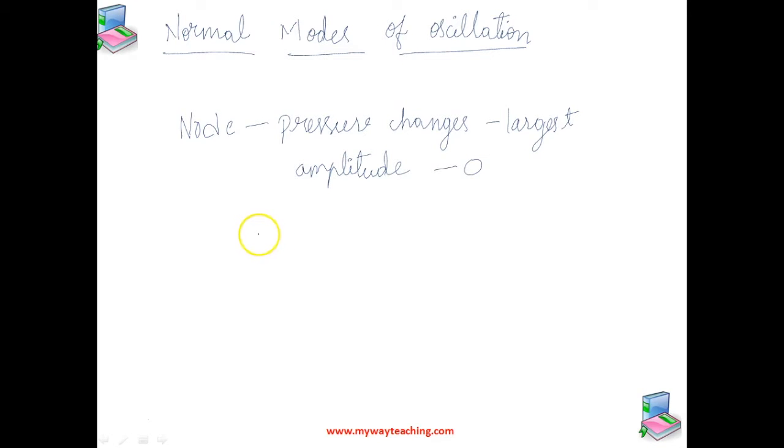Similarly, when we consider the antinode, it is just the other way, which means at the antinode it will have least pressure change and the amplitude at the antinode will be maximum.